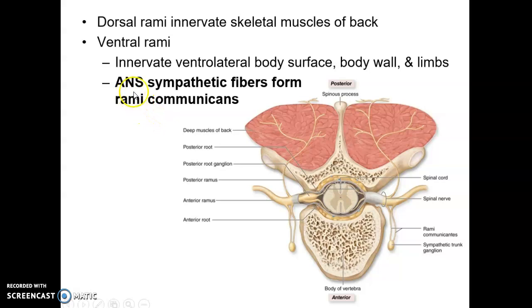And then the autonomic nervous system sympathetic fibers form these rami communicantes, as you see here. And then this is an obvious structure that we will spend time on, the sympathetic trunk chain ganglia, showing just two of them here. Okay? So those are structures of the autonomic nervous system, sympathetic division.